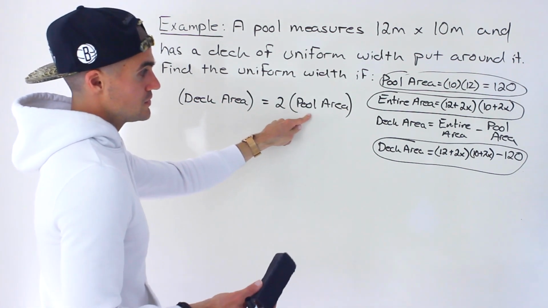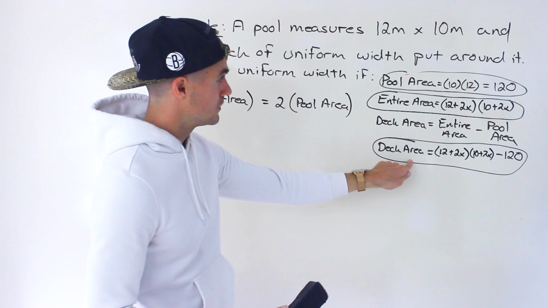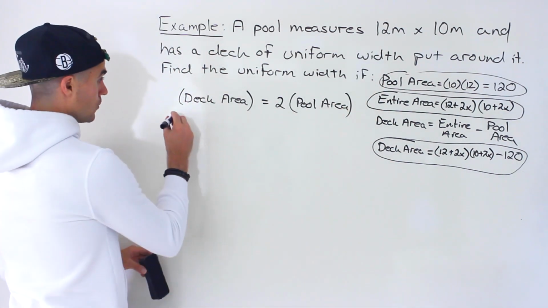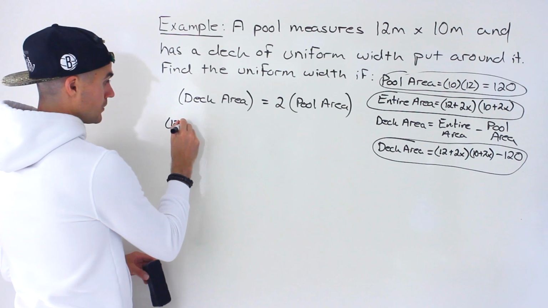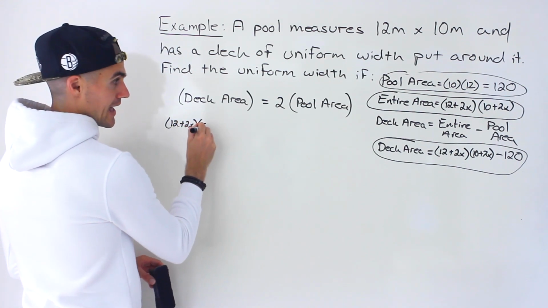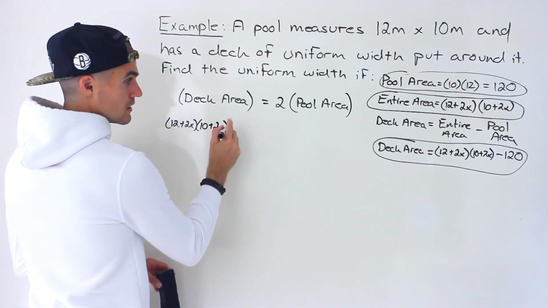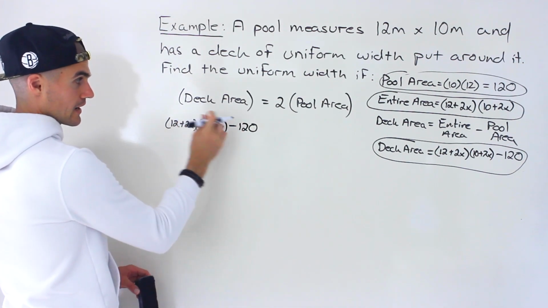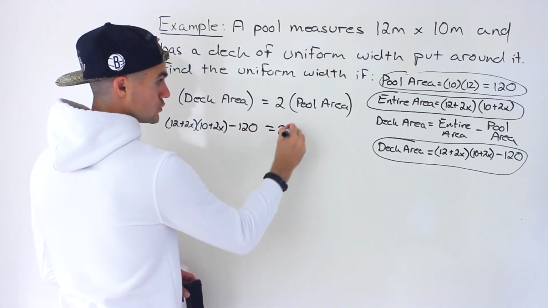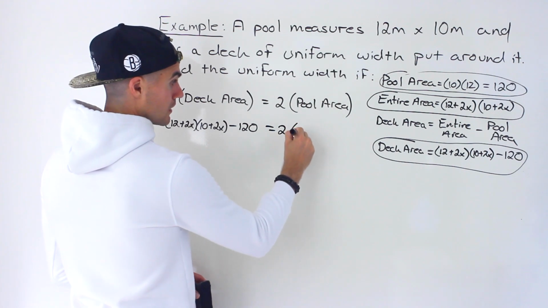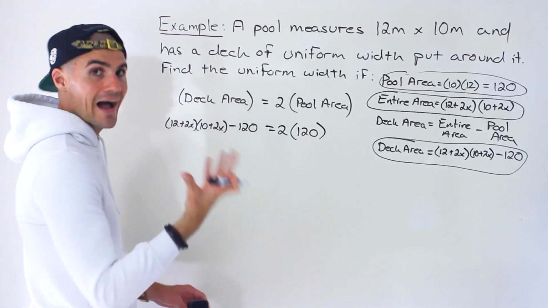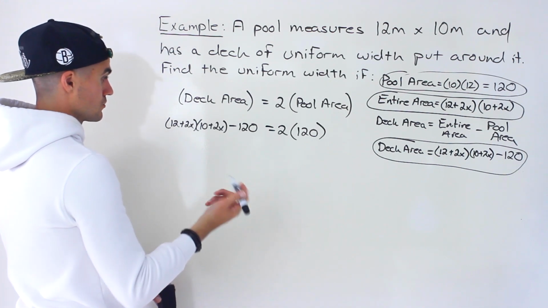And then what you could do is you could just take these expressions for the deck area and the pool area, plug it in here. So the deck area we know is 12 plus 2x, 10 plus 2x, minus 120, like that. That's the expression for the deck area, and that's going to equal 2 times the pool area, which is 120, like that. And now notice you have an expression to solve.